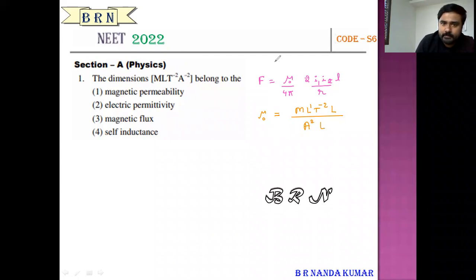So here L cancels. If we simplify this, M power 1, L power 1, A power 2 shifted gives A power -2, that is -2 in ampere and -2 in time. So this is the dimensional formula of magnetic permeability.